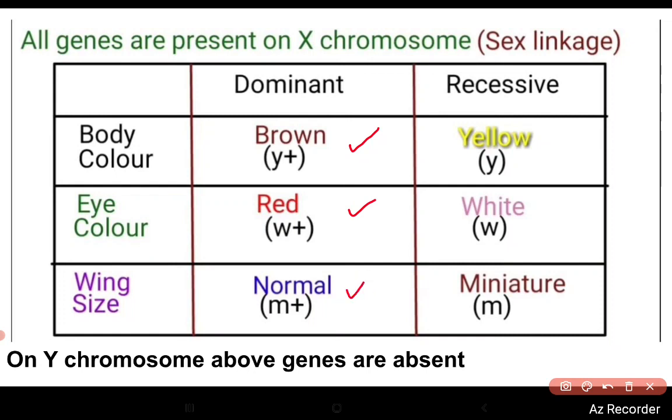In case of recessive, body color yellow is recessive, eye color white is recessive, and wing size miniature is recessive. Recessive traits are represented by small letters, and dominant characters are also represented by small letters, but with a plus sign so as to distinguish between dominant and recessive traits.